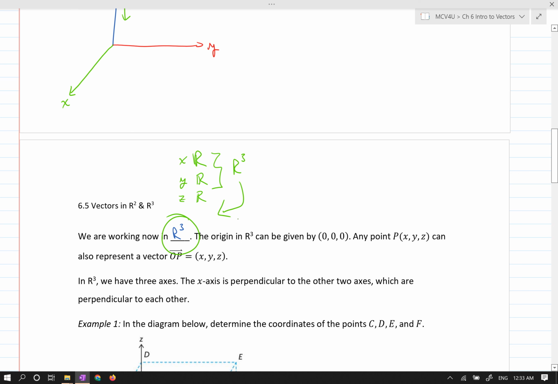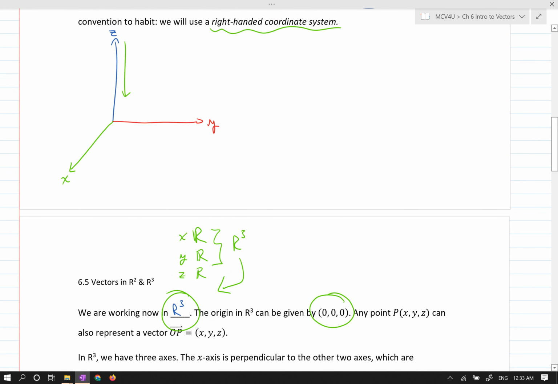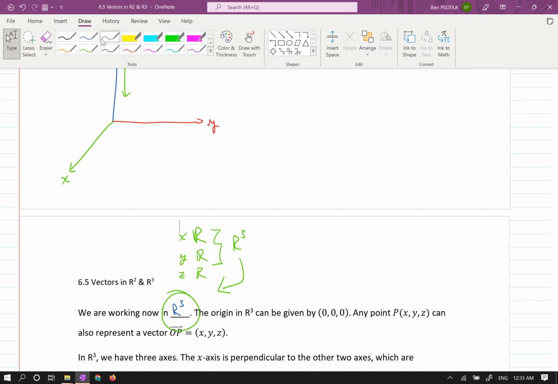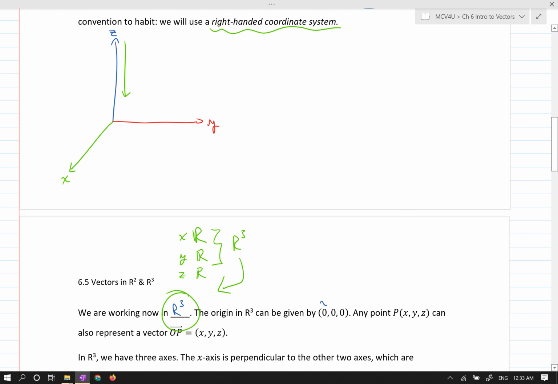All right, so the origin in R3 can be given by the point 0, 0, 0, where we always list our points in 3 space alphabetically: x, y, z, just like we listed them alphabetically when we worked in 2 space for the last 4 years of math.